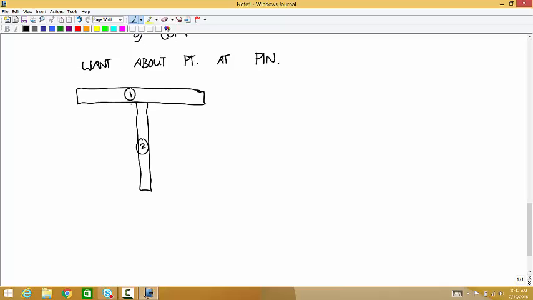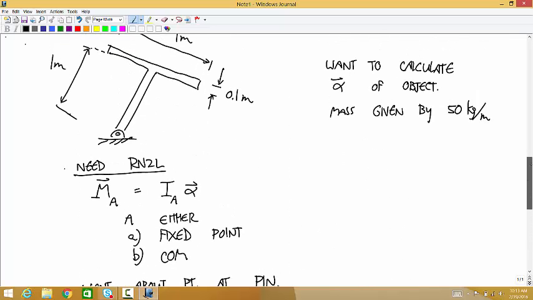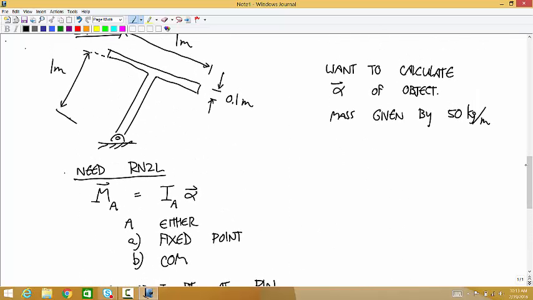The top piece, okay, each of these two pieces has a mass of 100 kilograms. And we also have to think about which way these rectangular shapes are rotating. Are they rotating like paddles or are they rotating like blades?